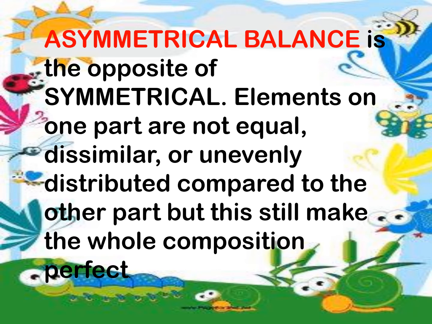So, ibig sabihin, itong asymmetrical, kapag mag-drawing kayo sa isang bond paper, siya ay nandito lang sa kanan. Hindi kagaya ng symmetrical na pantay. Kung may drawing dito sa kanan, meron din drawing dito sa kaliwa. Dito sa asymmetrical, one side lang ang may drawing.